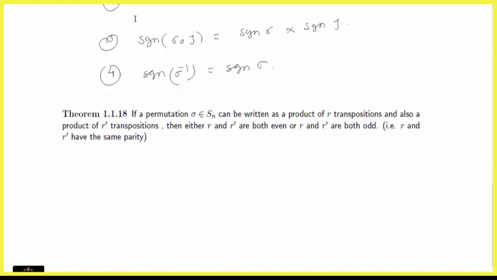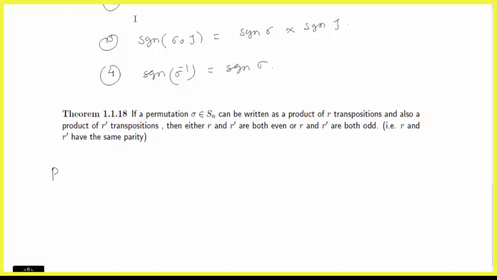That is, R and R dash have the same parity. Same parity means the two numbers are both even or both odd.